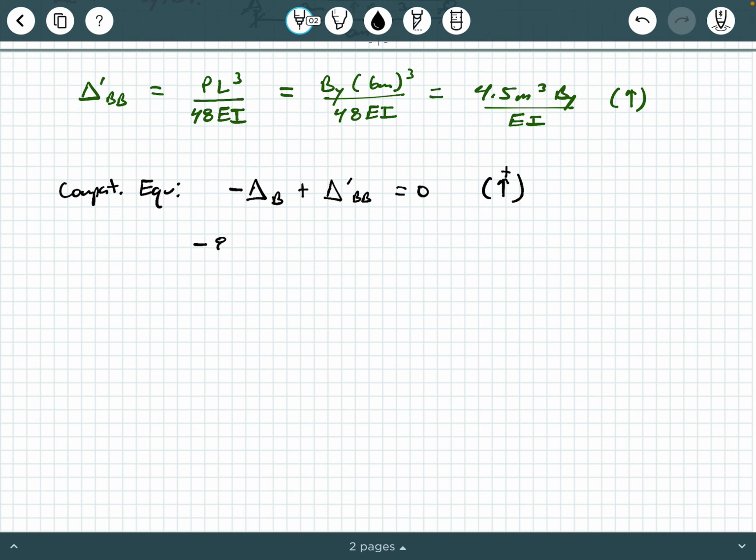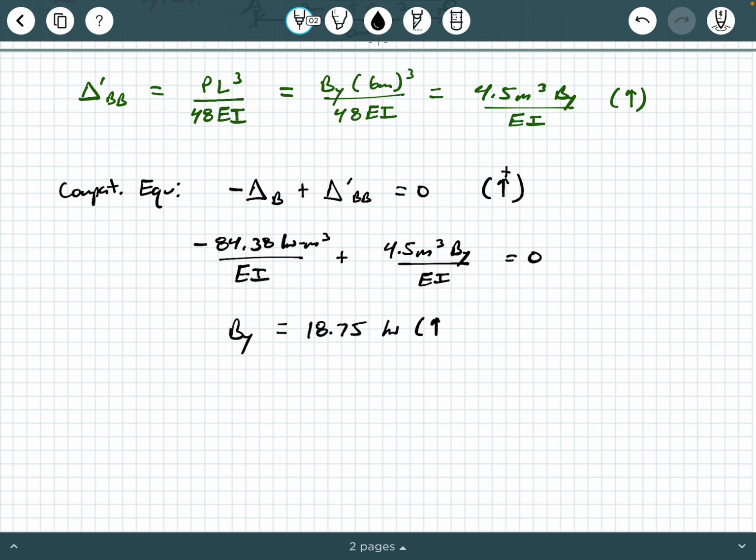And that's going to look like this, 84.38 kilonewton meters cubed with a negative in front of it over EI plus 4.5 meters cubed By over EI, all equals 0. And we can solve for By here, and we'll get a positive 18.75 kilonewtons reacting up.